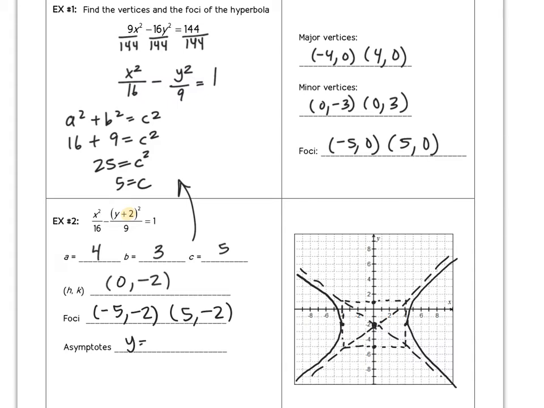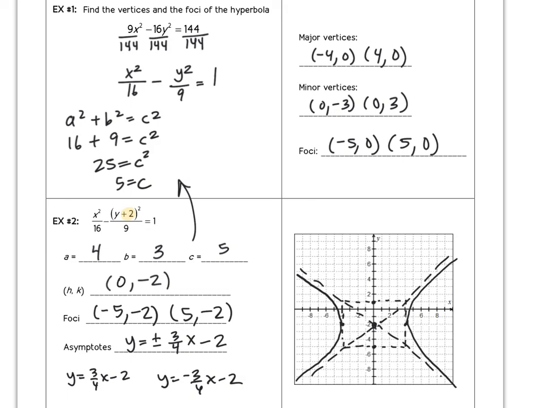So here I know y is equal to a positive or negative, and the slope would be 1, 2, 3, 1, 2, 3, 4. So up 3, right 4, and then b is -2. You can write it together like that as one equation. If you want to write two separate equations, then you would say y = 3/4 x minus 2 and y = -3/4 x minus 2, if you wanted to.